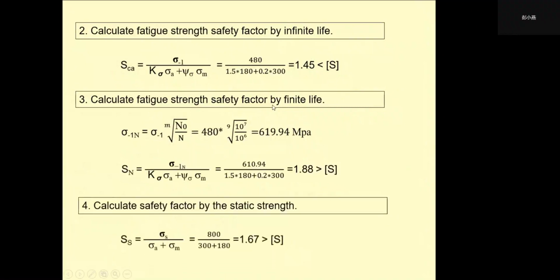This is for three conditions to consider: the safety factor under infinite life, finite life, and static stress.